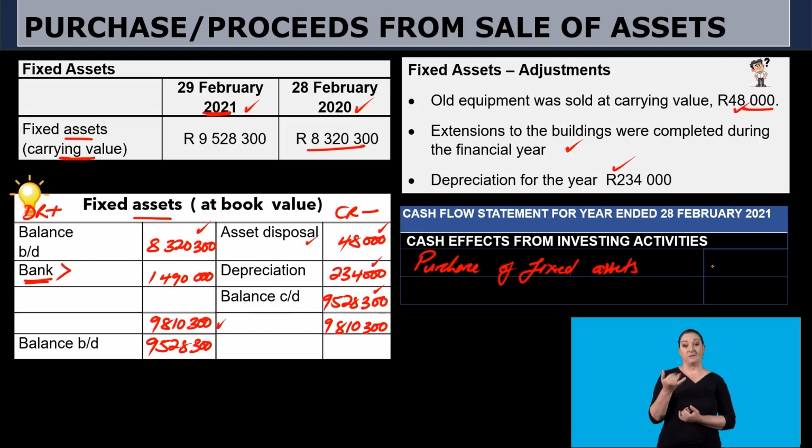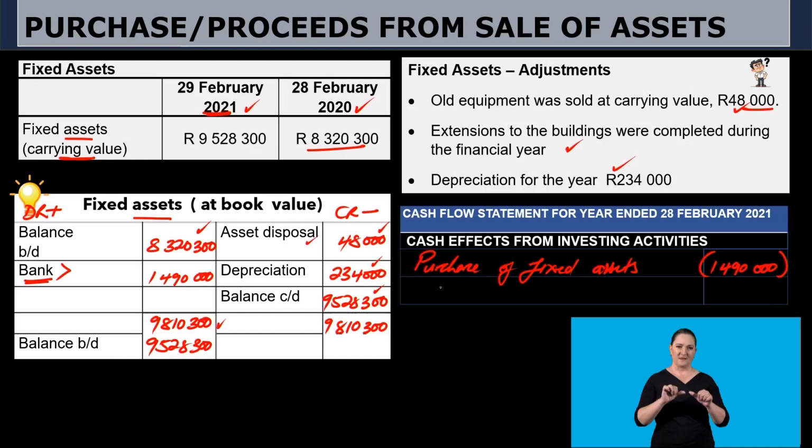Here I'm now going to show my 1,490,000. Remember, calculations must be shown in the answer book such that whoever marks your paper can see where you are getting the 1,490,000. Very key that once you are purchasing, that is a cash outflow because we are using cash to acquire fixed assets. So it is a cash outflow.